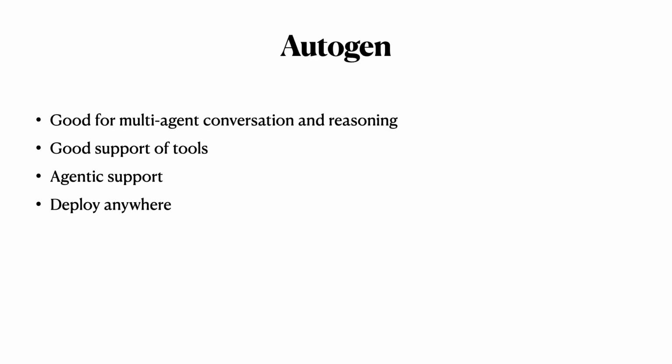AutoGen is a very powerful multi-agent framework for orchestration and programmatic control over agent interaction. It is optimized for conversational agent systems. It has good support for asynchronous conversation. It's best for multi-agent reasoning and conversation.